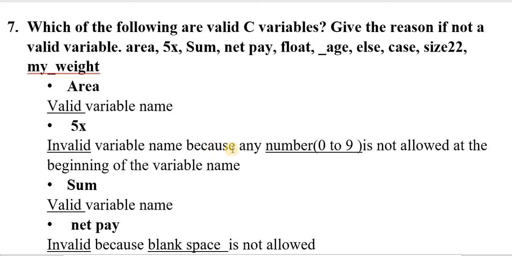It's invalid variable name because any number 0 to 9 is not allowed at the beginning of the variable name. Next variable name is sum, which is a valid variable name. Next variable name is net space pay. It is invalid because blank space is not allowed while naming a variable.